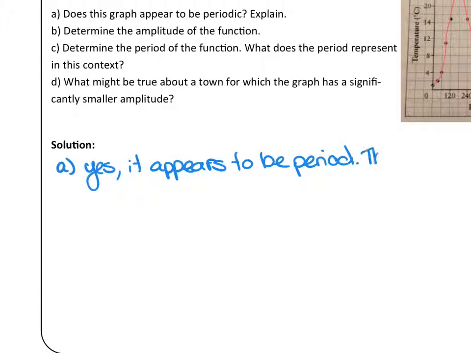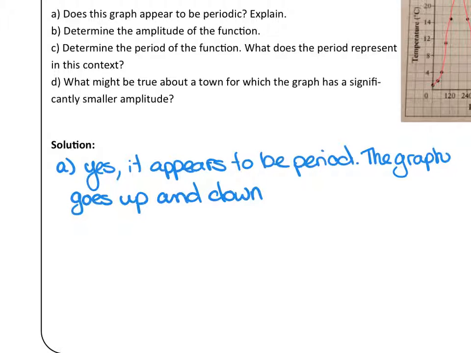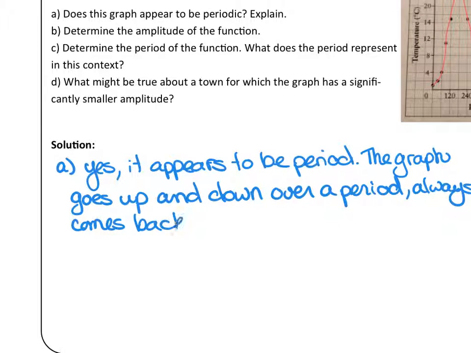The graph goes up and down over a period and always comes back to the starting point.